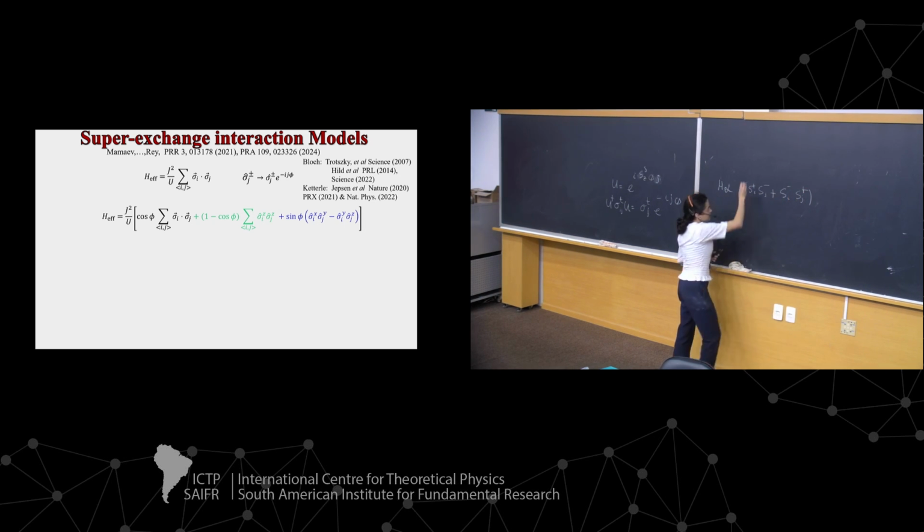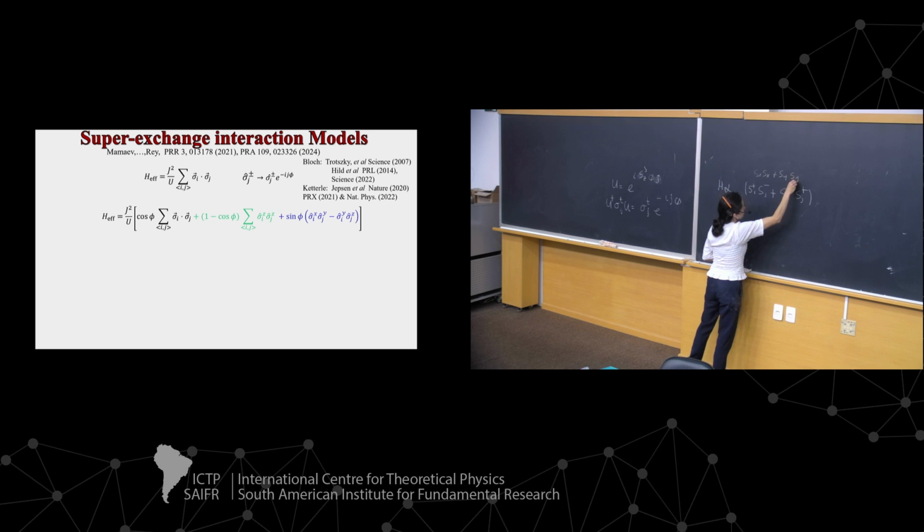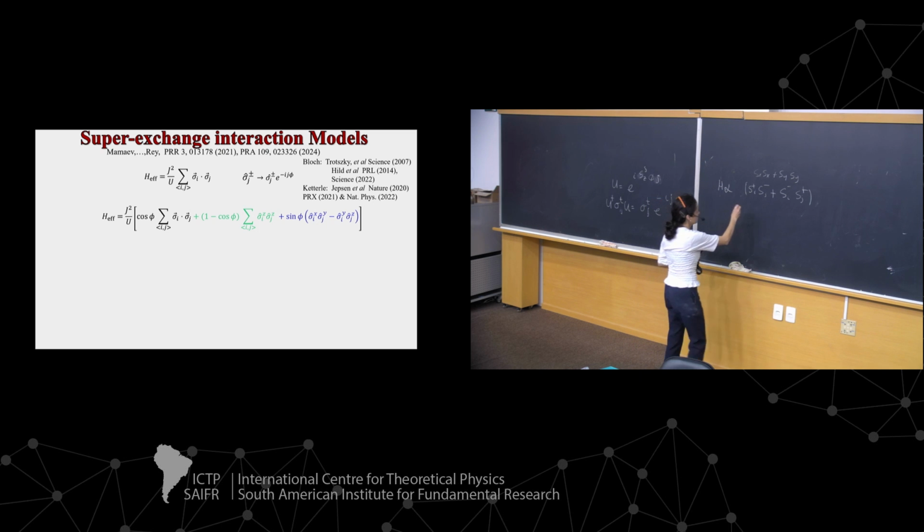This is equivalent to Sx Sx plus Sy Sy, except there is a factor of 1/2 here. Sx is going to be S plus plus S minus divided by 2, and Sy is going to be S plus minus S minus divided by 2i.